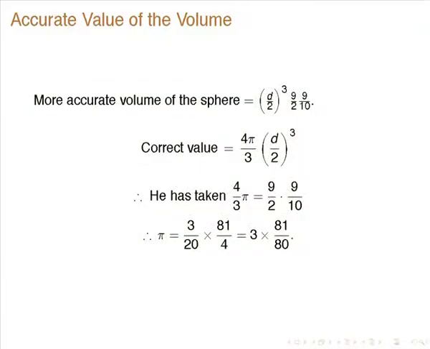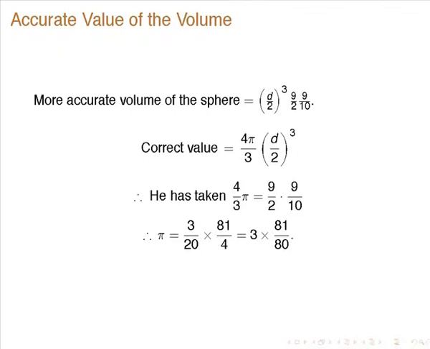So what he is saying is that, earlier also, the more accurate volume of the sphere is given to be this. So it is curious, d by 2 whole cubed into 9 by 2 into 9 by 10. The correct value is of course 4 pi by 3 into d by 2 whole cubed, right. This is what we know, 4 pi by 3 r cubed.